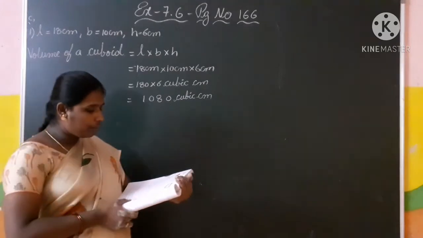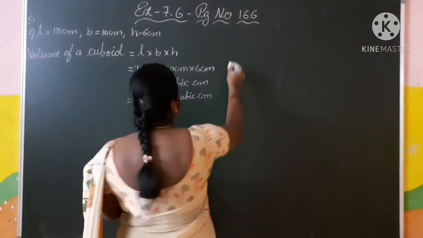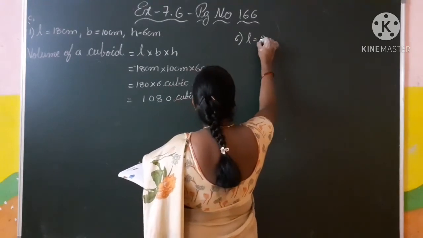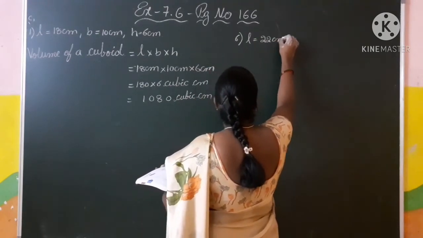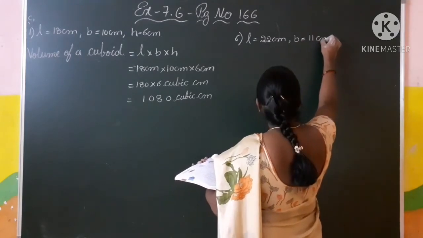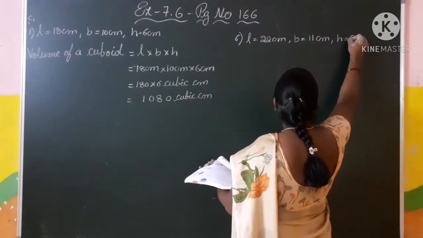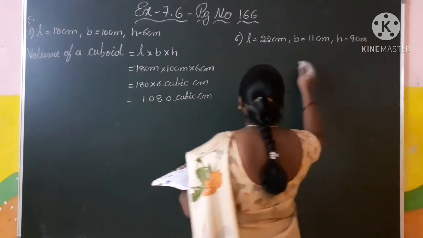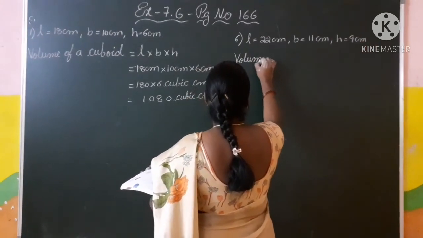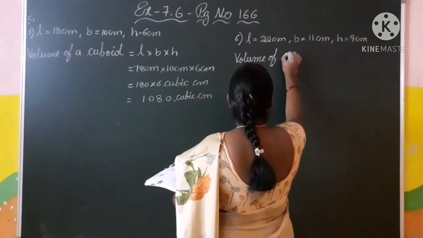Same remaining all problems you have to do the same method. In that sixth one, length is equal to 22 centimeter, breadth is equal to 11 centimeter, height is equal to 9 centimeter. Same here also we have to find the volume of a cuboid.